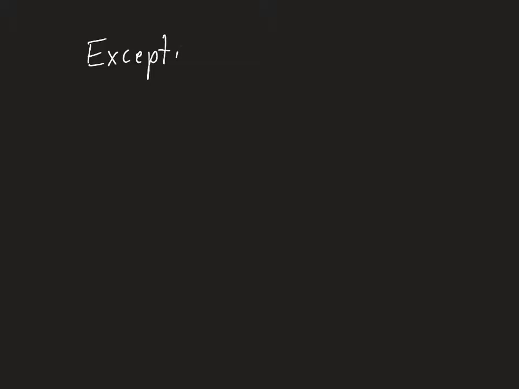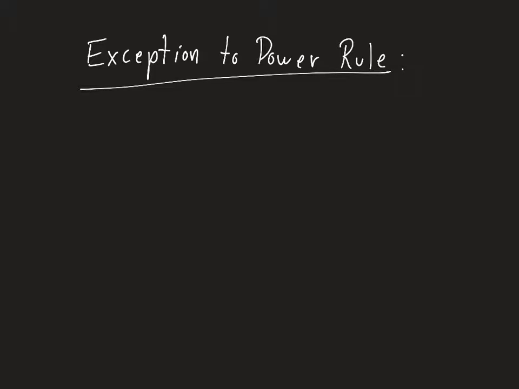So this is one exception to the power rule. It's a very specific rule, but it's very important. This rule tells us the integral of 1 over x dx, and keep in mind that 1 over x is equal to x to the power negative 1, and that's what I mean by an exception here. You're not allowed to use the power rule on this one.